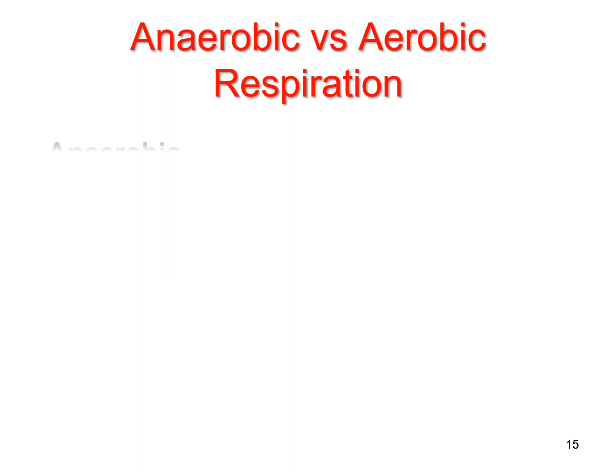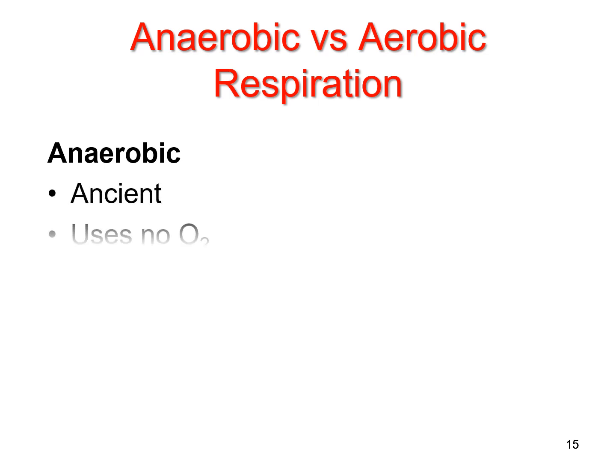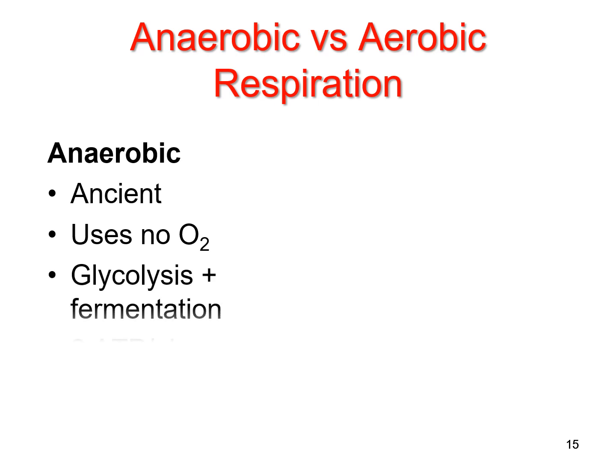Anaerobic respiration is an ancient process that predates photosynthesis and the accumulation of oxygen gas on the surface of our planet. It consists of glycolysis and fermentation. Anaerobic respiration only generates 2 ATPs per glucose.